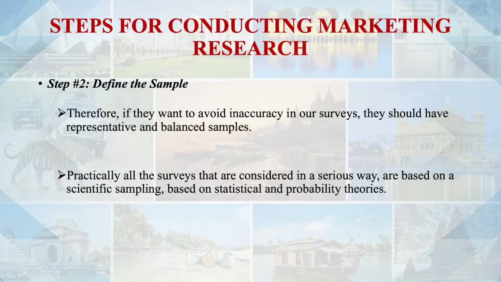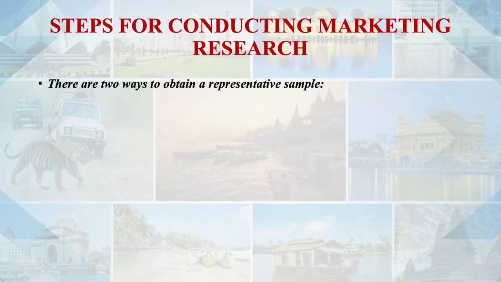Practically all the surveys that are taken seriously are based on scientific sampling, based on statistical and probability theories. There are two ways to obtain a representative sample. One is probability sampling.